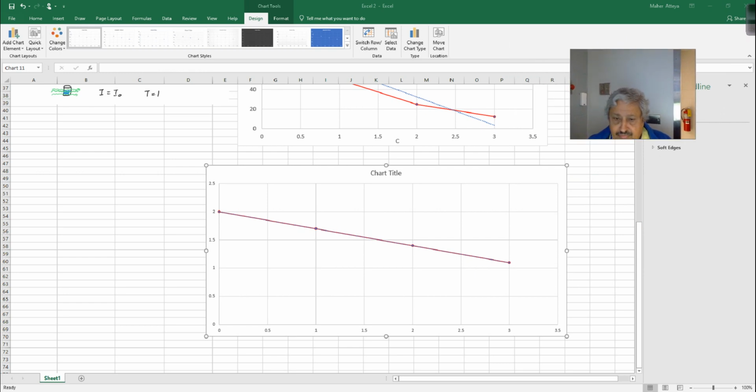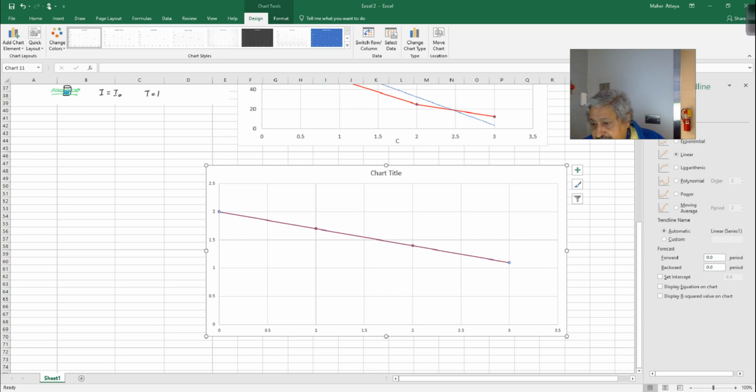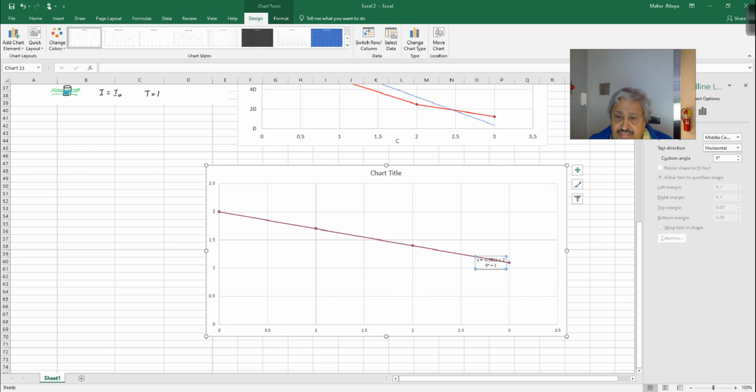While formatting, we need to get the equation and the regression here. This is the equation and the regression. For some reason, it's not allowing us to extend it.